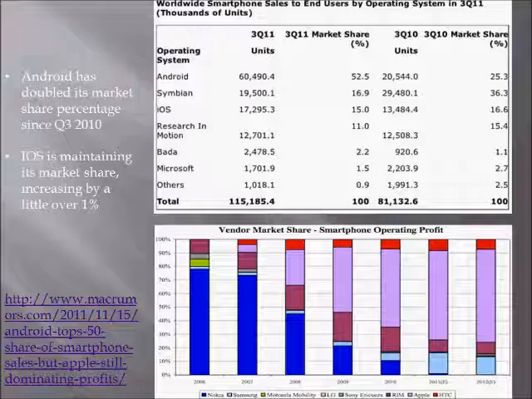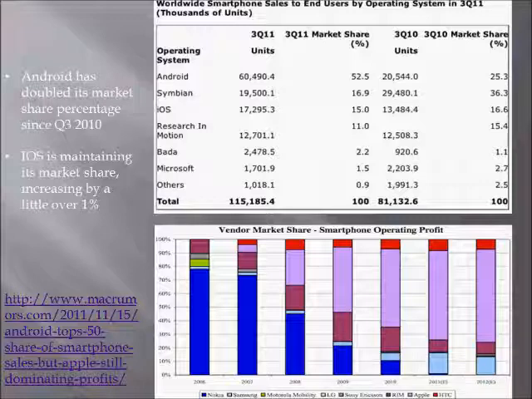These are two more graphs showing the operating systems. This is actually the end users, which devices are used by end users more. Android in 2011 had 60,490, as opposed to iOS's 17,295.